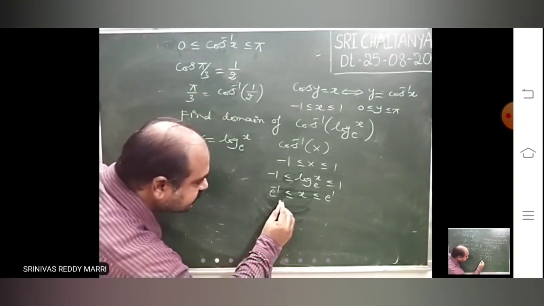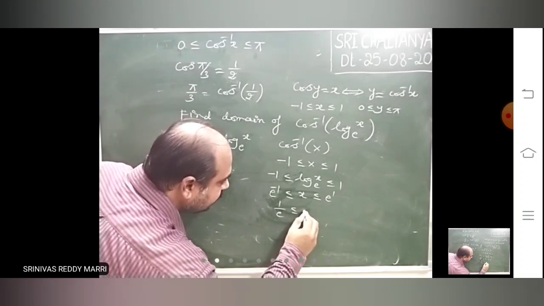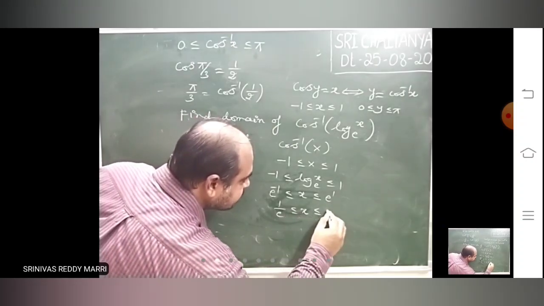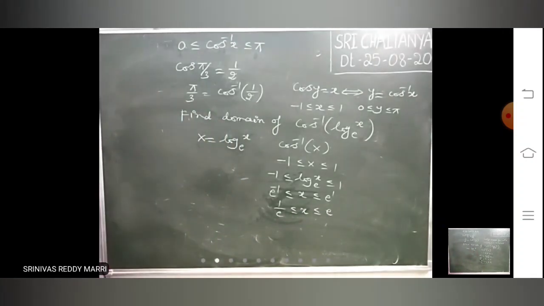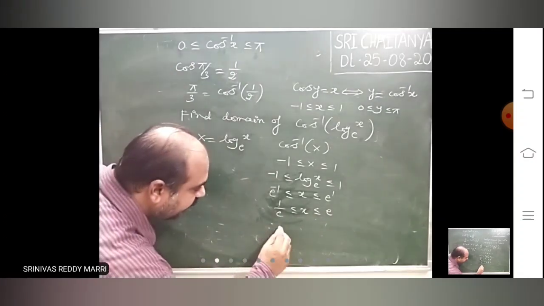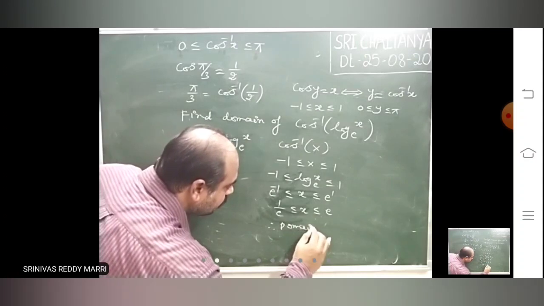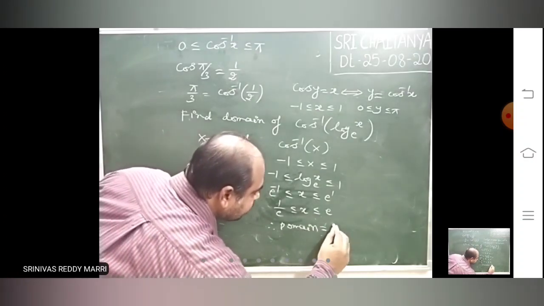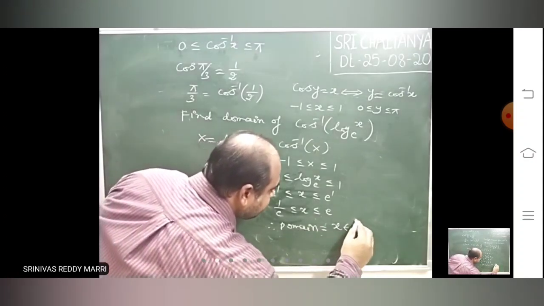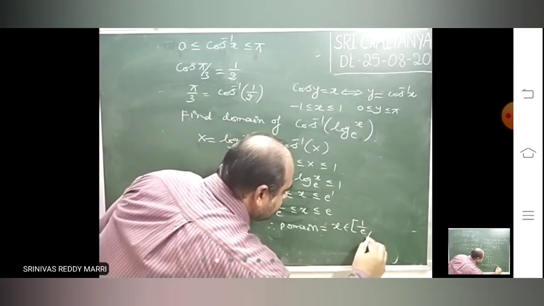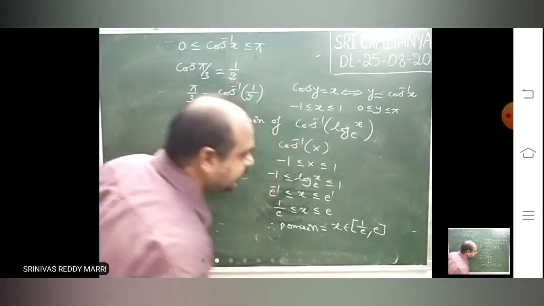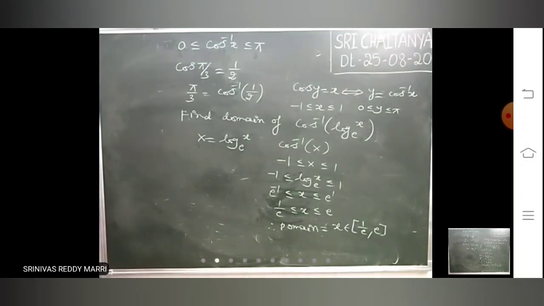That means 1 by e less than or equal to x less than or equal to e. Therefore, the domain is x belongs to the interval 1 by e comma e. That is the domain.